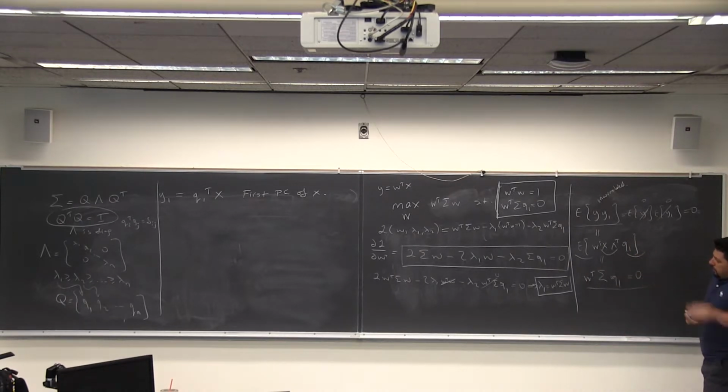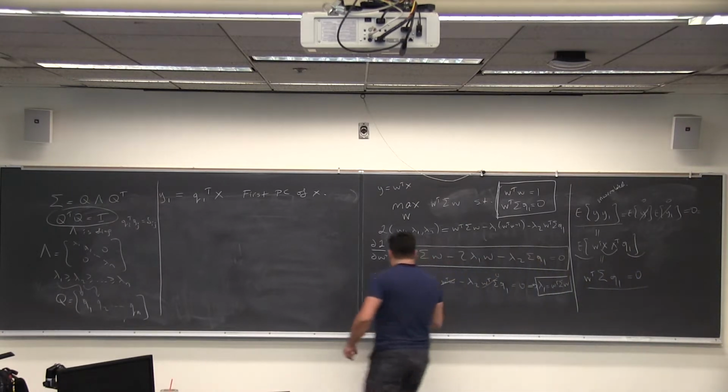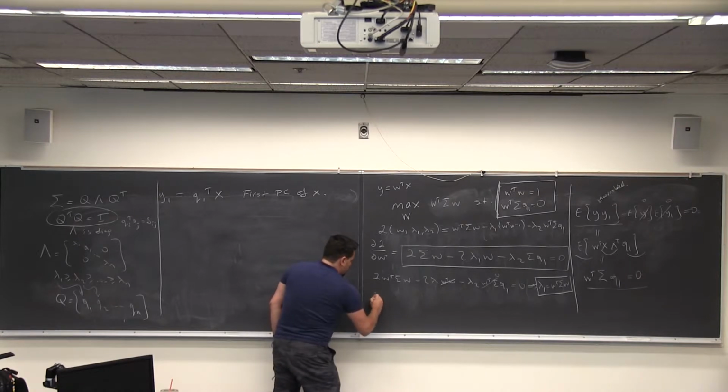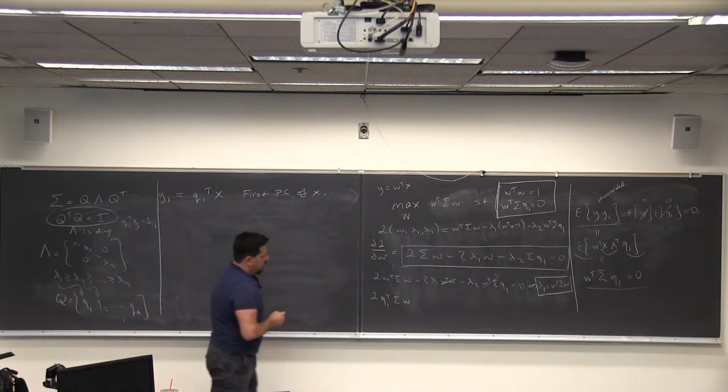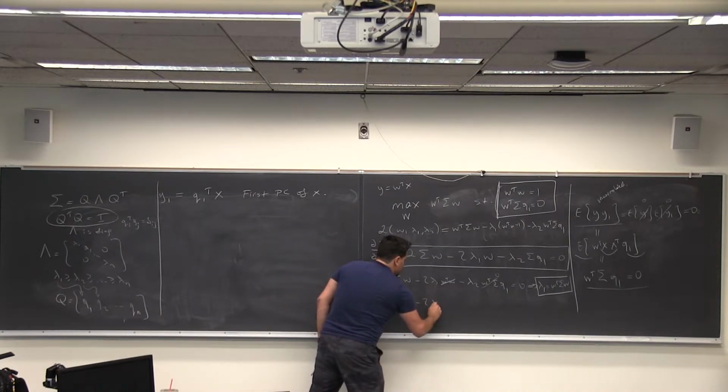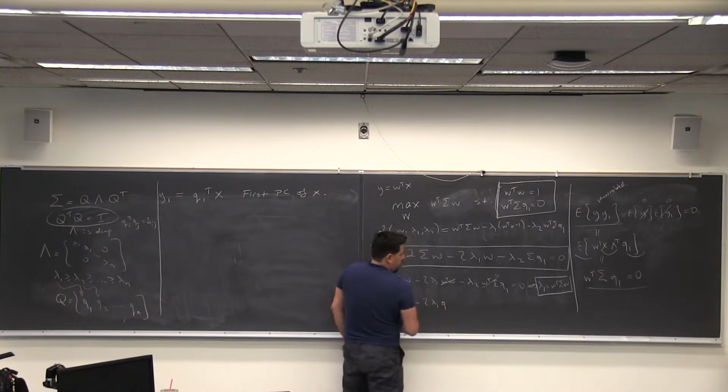Let's also multiply from the left with Q1 transpose. This is the part I always have to think about a little. So if I multiply with Q1 transpose from the left, I get minus 2 lambda 1 Q1 transpose W, and I need to do some more work there.